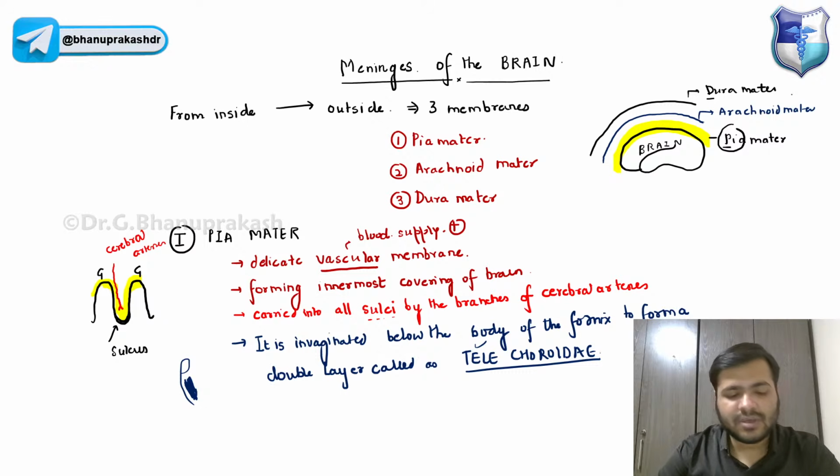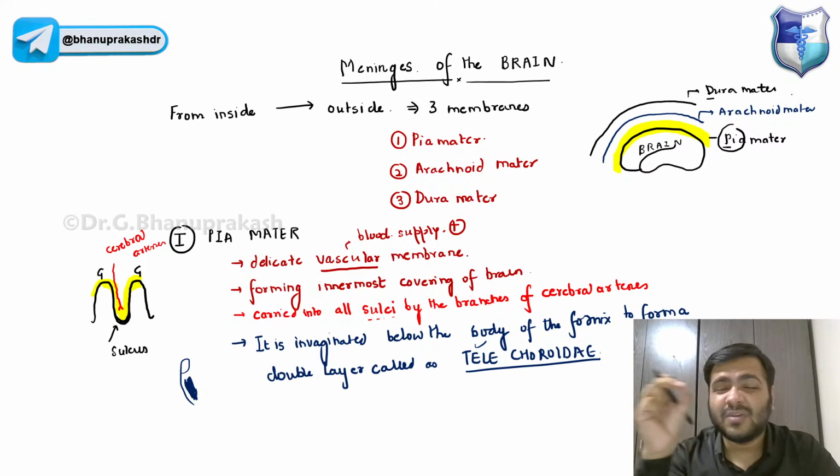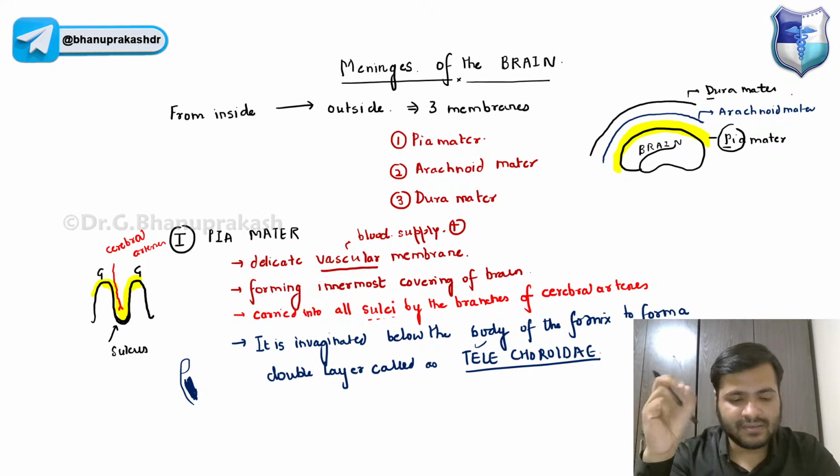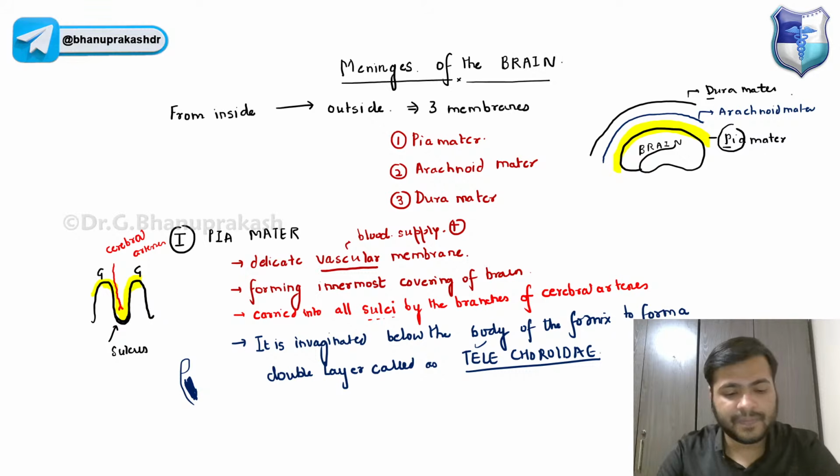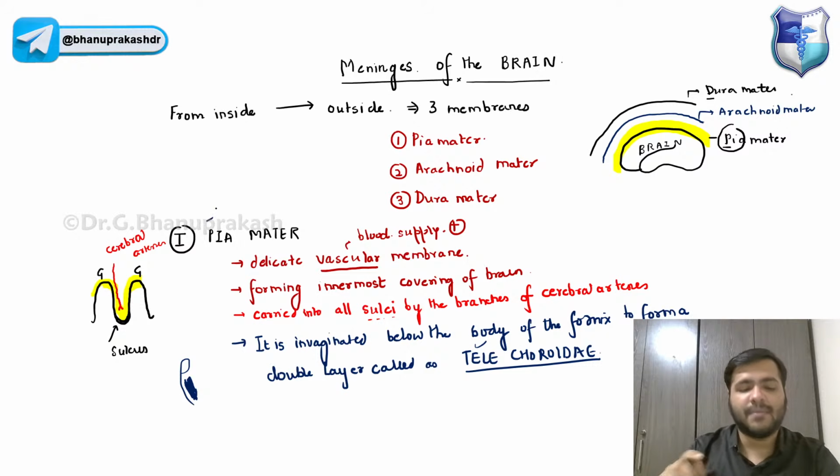Even guys, you should remember that it sends a tubular sheath around the cranial nerves as they exit through the cranial cavity, and these tubular sheaths are formed by the pia mater. So you have to remember this.